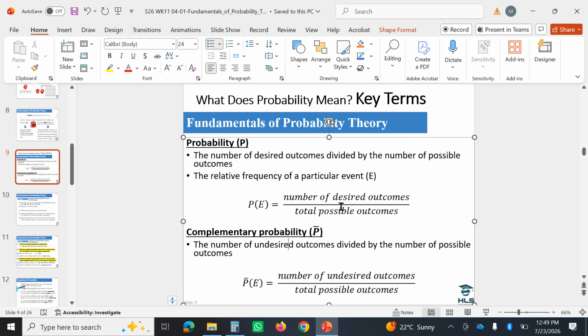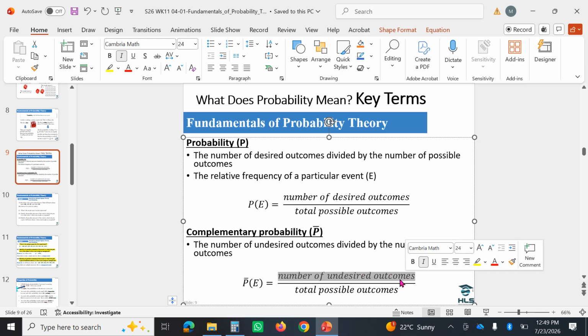So 100% minus that 16% will give us the complementary, right? Because the complementary is not talking about hitting a 5. The complementary is talking about hitting a 1, a 2, a 3, a 4, and a 6. So if this one here was 1 out of 6, 16.7%, then this one here must be the number of desired outcomes: 1, 2, 3, 4, and 6.